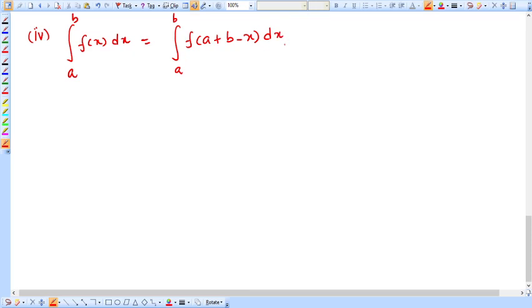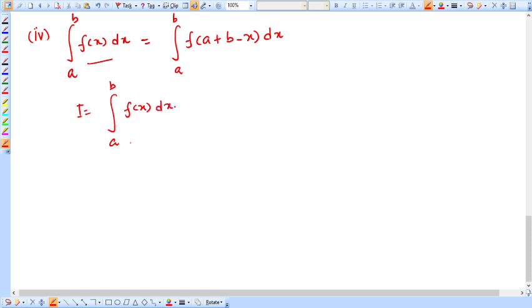Take the left hand side, you can say take it I. I is equal to integration a to b f of x dx.